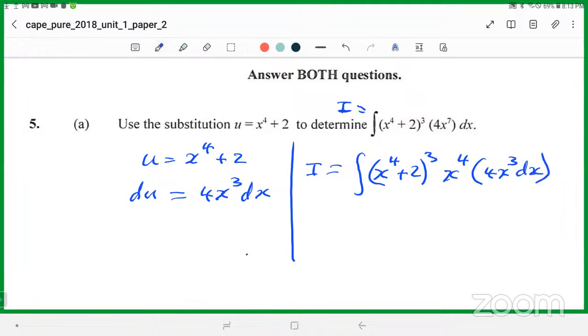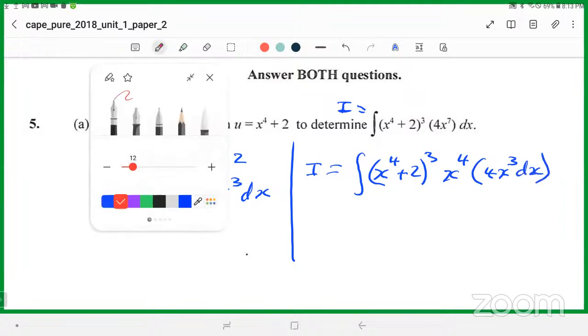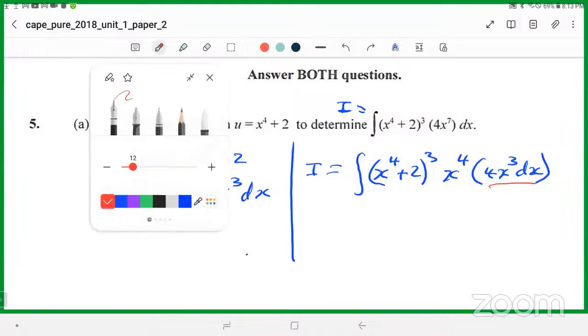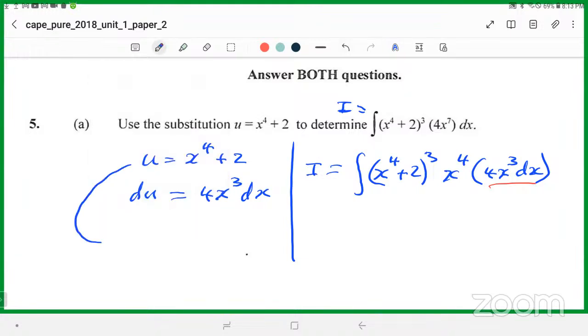So this right here, I've generated my du. That is my du. Understand that? Yes, sir. Now you see this x to the 4th power is x to the 4th power there. From this equation right here, the x to the 4th power is actually u minus 2.